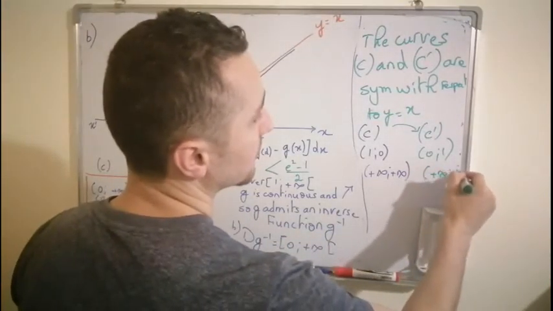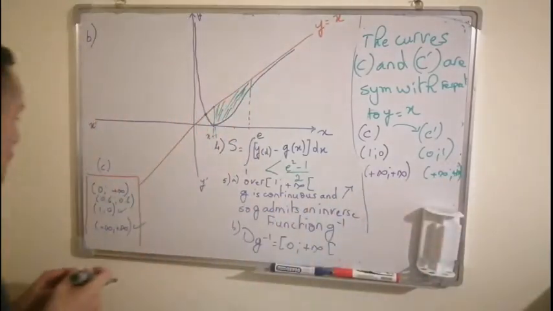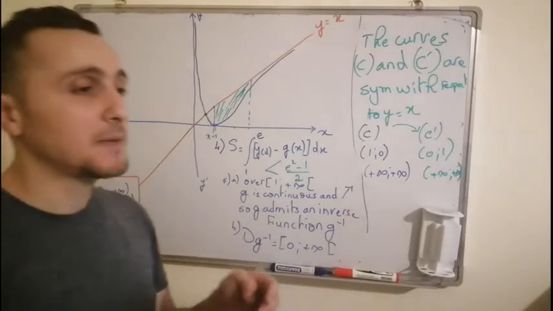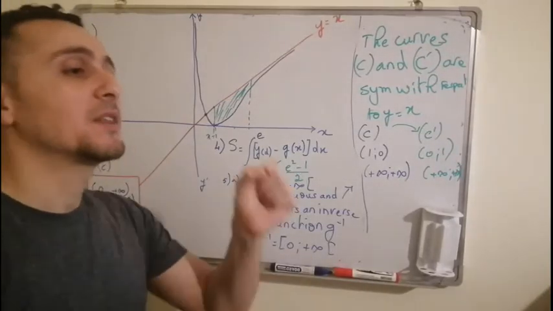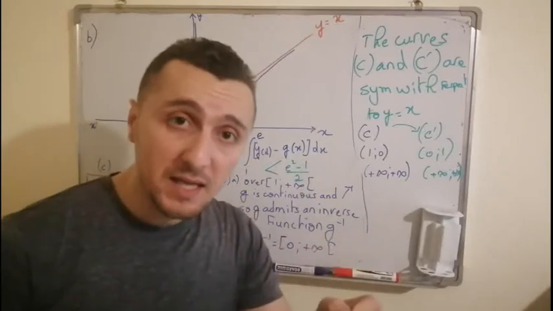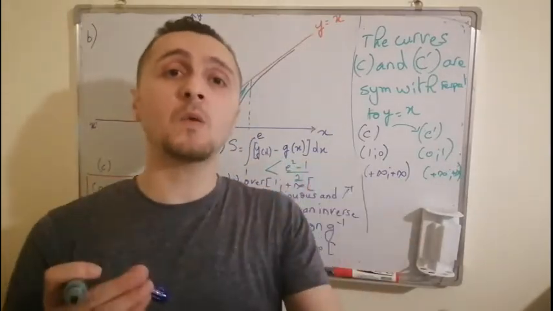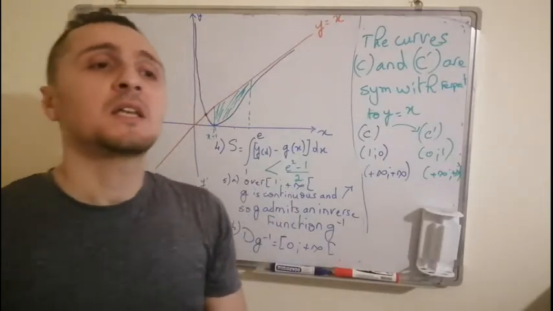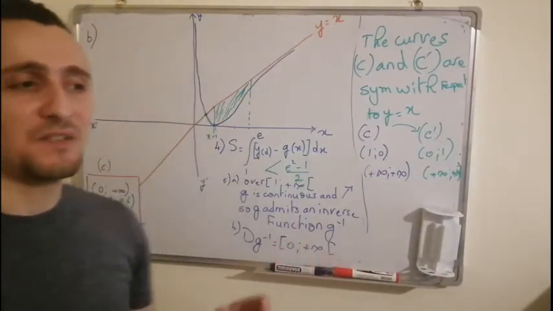I repeat. The two points (0 plus, minus infinity) and (0.6, 0.6) are not accepted, since the question is to prove that when x is bigger than 1, the function g admits an inverse function.